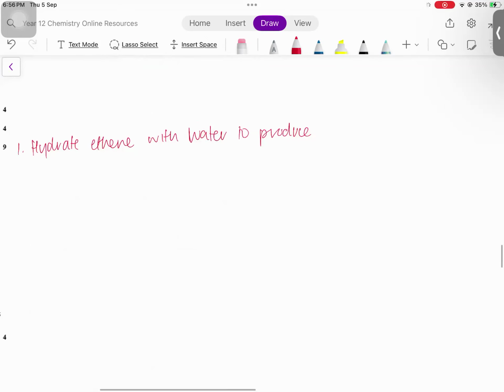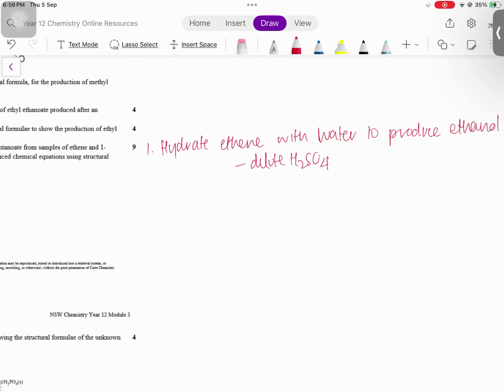And what catalyst are we going to mention? Hydrate, so dilute H2SO4. And that's pretty much it for that one. I don't really have to talk about color changes or equipment with this one. I have to talk about equipment a lot when I get to the actual ester part.